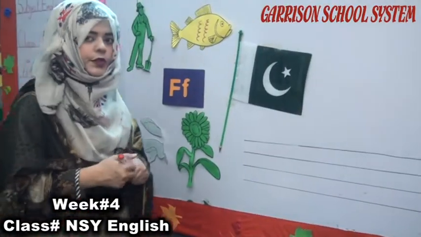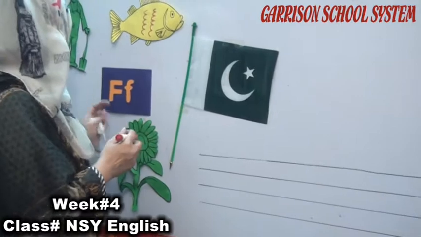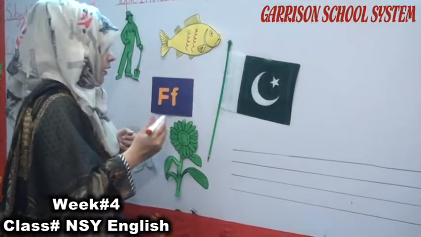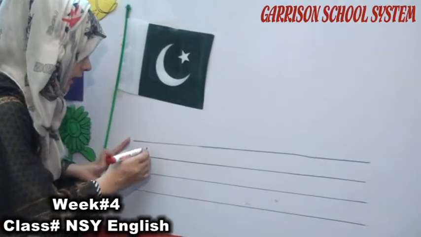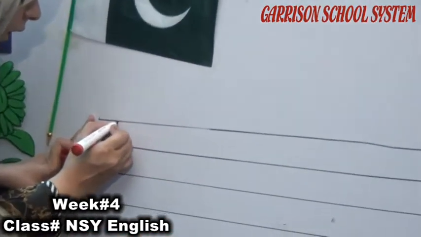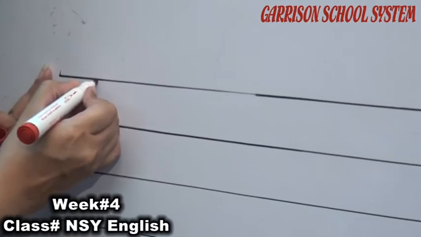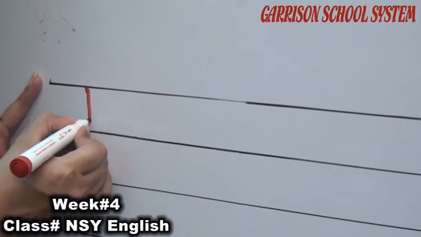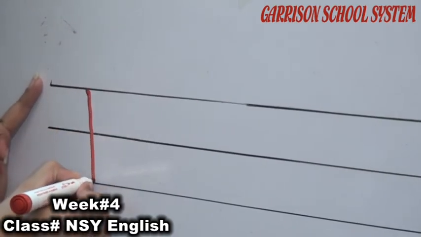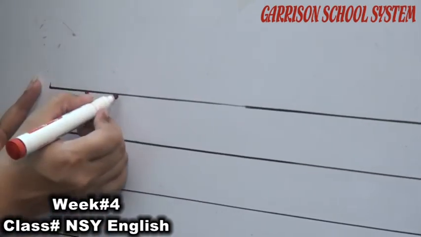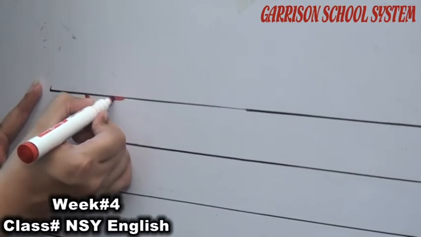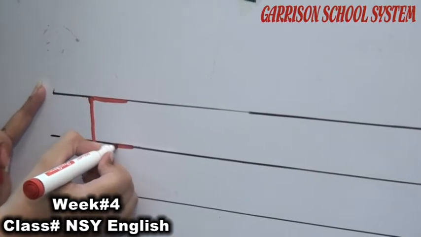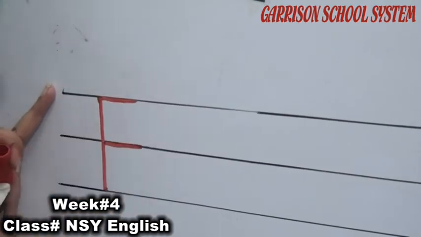And now, my dear students, we learn how to write F. Look over here. We will do a standing pattern where we draw a straight line over here and we close it with two slip pattern like this.